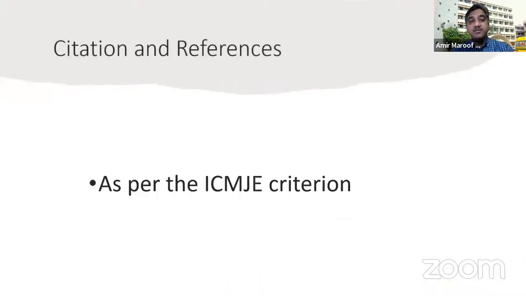Citation and references, we'll need to have another session on that in detail, but as per the ICMJE criteria, we write the references. You can use softwares also, but I will say that even when you use softwares, we find that students use softwares and then submit directly to the thesis committee or protocol committee, and then we find that there are mistakes also.